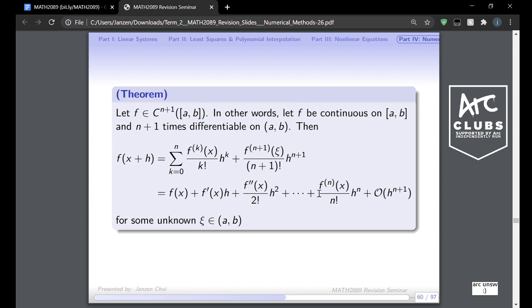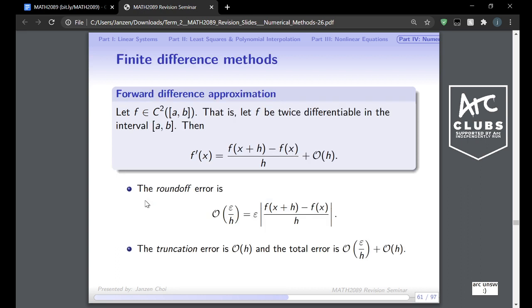Once you use these few terms, f(x) and f'(x)h, and equate that to f(x plus h) and rearrange them, you get something like this.